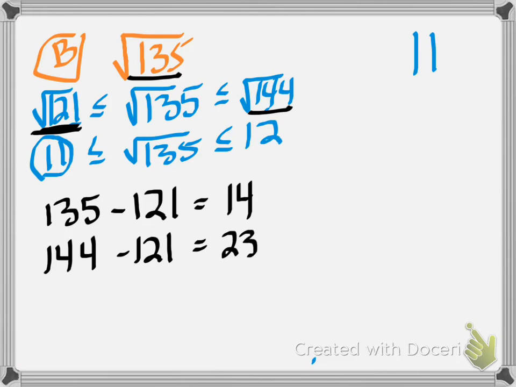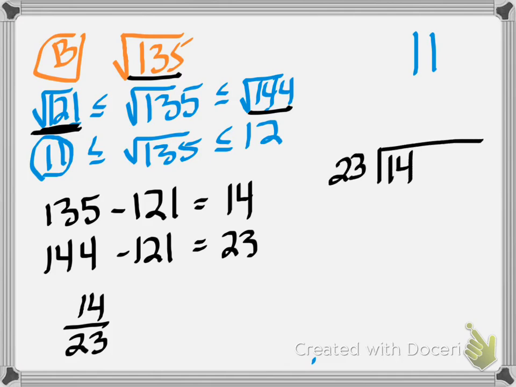So the answer to my decimal part is 14/23. Again, I can't do this one in my head either. These numbers very rarely work out easily. So let's divide 14 by 23, and let's add 3 zeros.